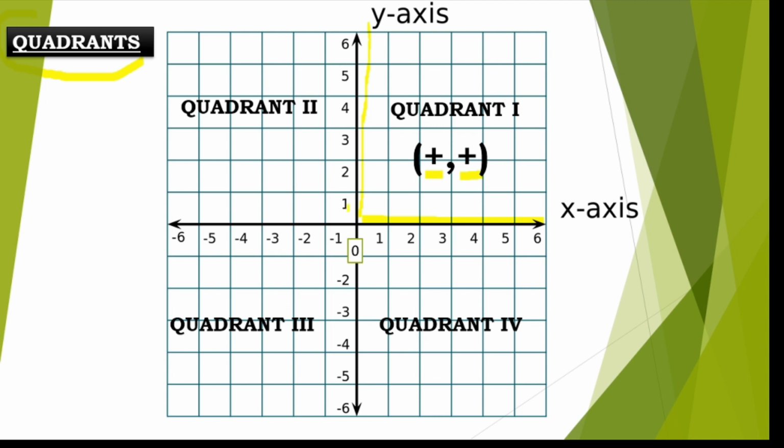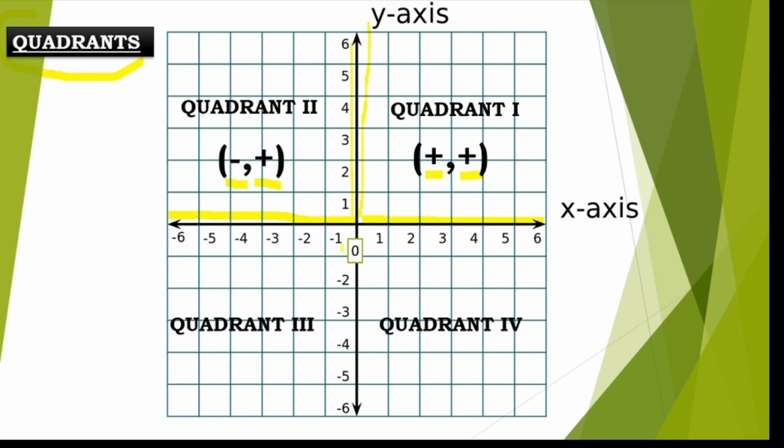While in Quadrant 2, as you can see, it is located on the negative side of x-axis and the positive side of y-axis. Therefore, we can say that the coordinate of Quadrant 2 is negative for x-axis and positive for y-axis.